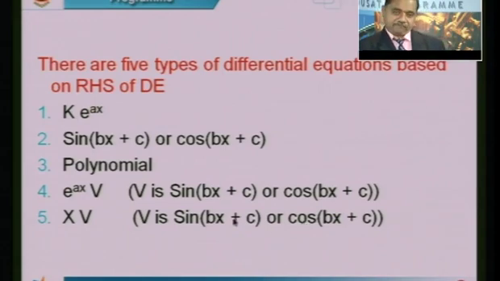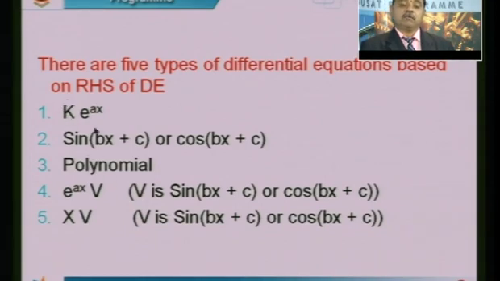Very clearly, the first 3 types are the most important types. You can see third and fourth, only e power ax into v, x into v. So the job of v or e power ax is going to be simple. Then in the fourth and fifth type, you will get once again these 3 types.